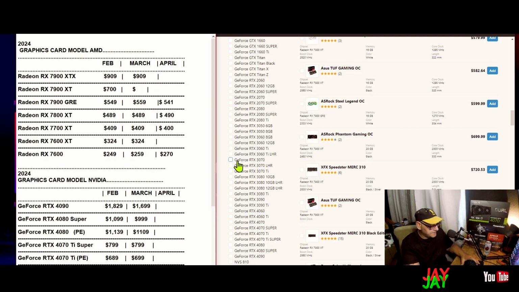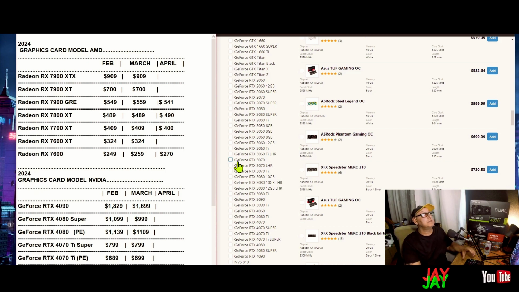So I'm just making them $700, not $7,000. Make them all $700, so this way there's no confusion of the pricing. And we're going to say this is $700. So as we can see, the 7900 XT is stagnant for the last 3 months of these charts at $700. The minimum you can buy one for on the market right now is still $700.